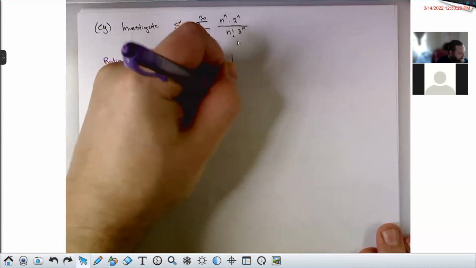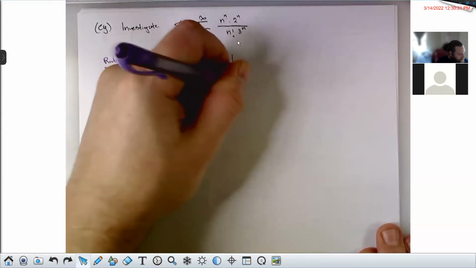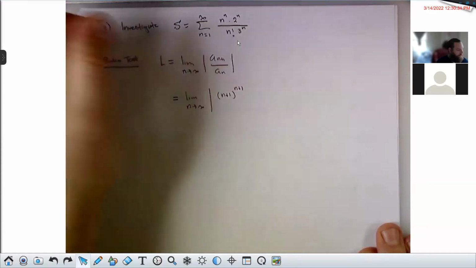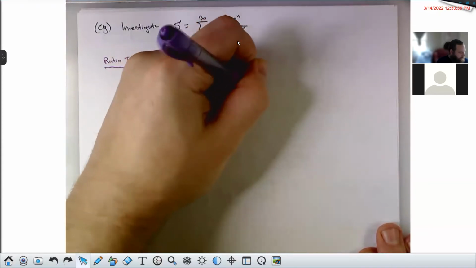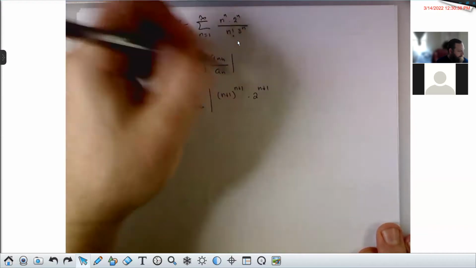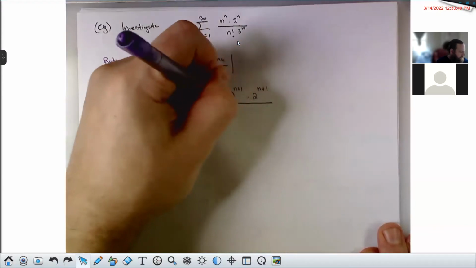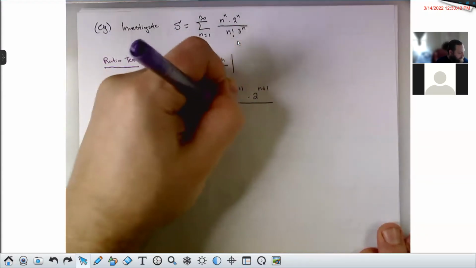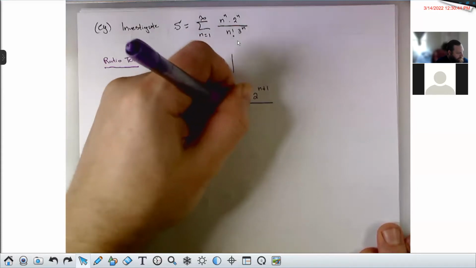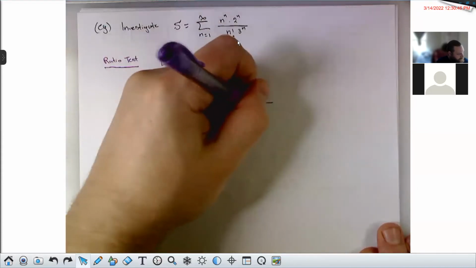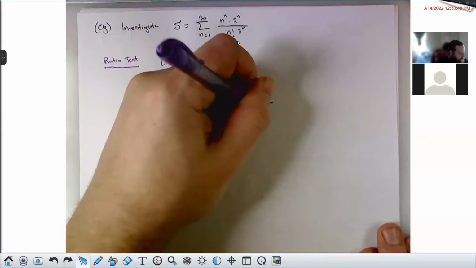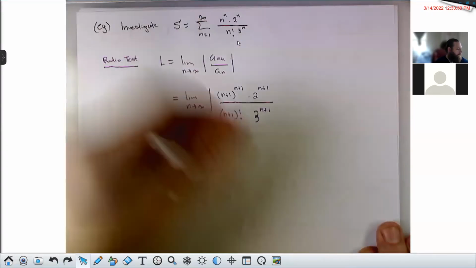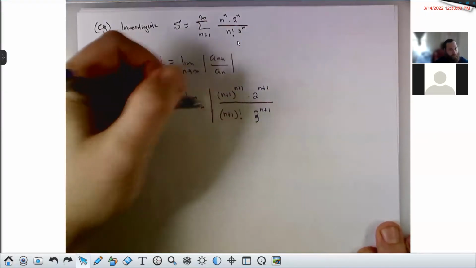That's n plus 1 raised to the power of n plus 1 times 2 to the n plus 1 divided by parentheses n plus 1 factorial times 3 to the n plus 1. This is a sub n plus 1.